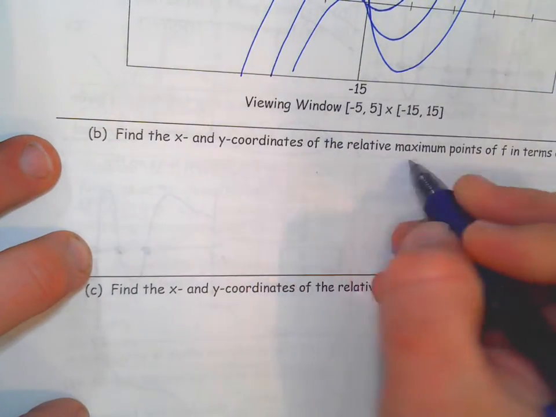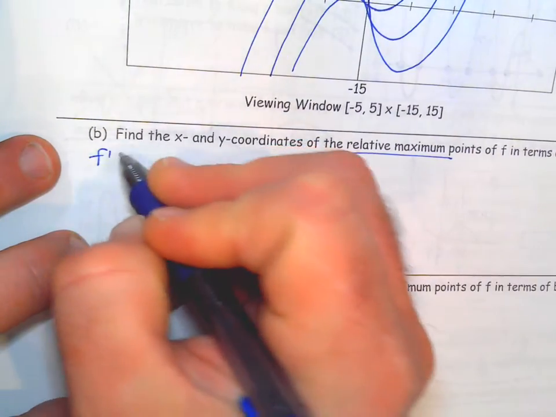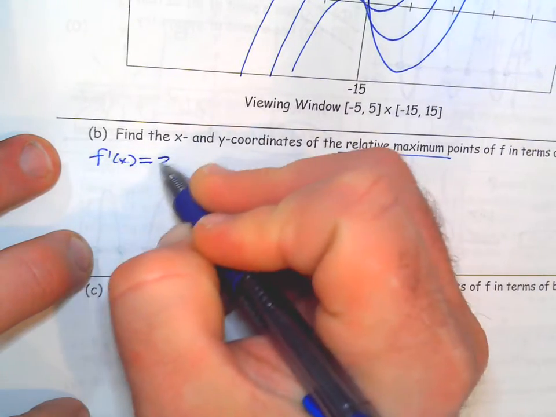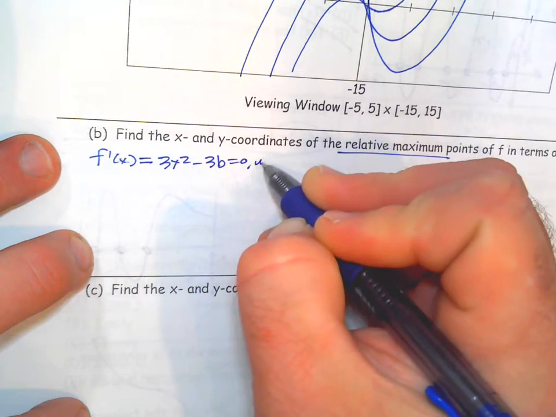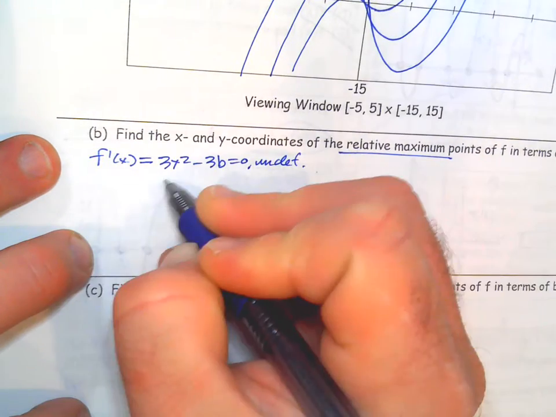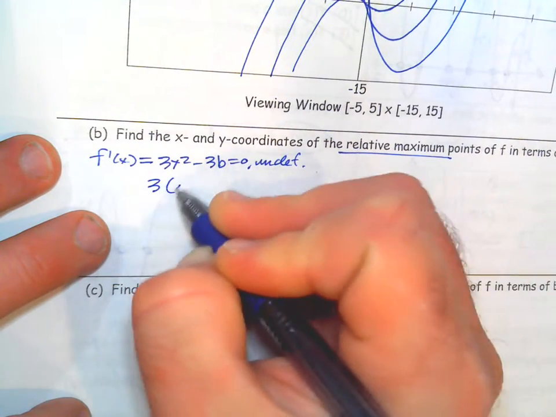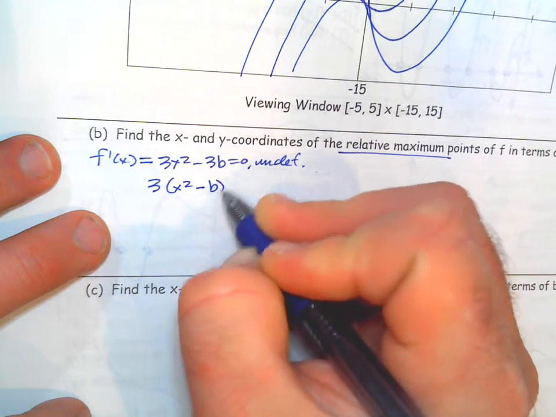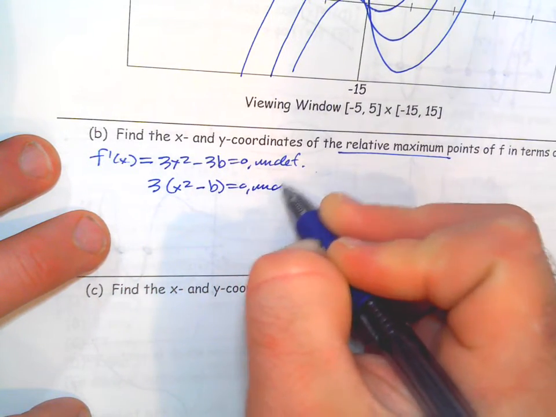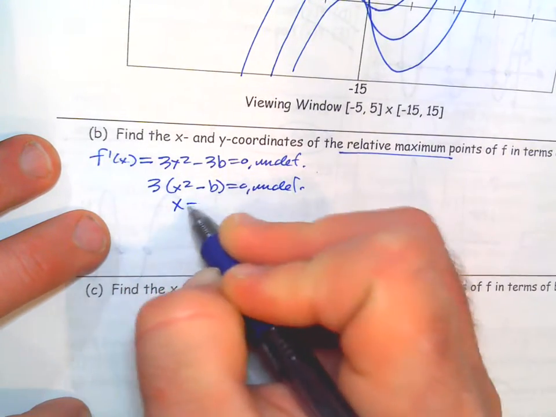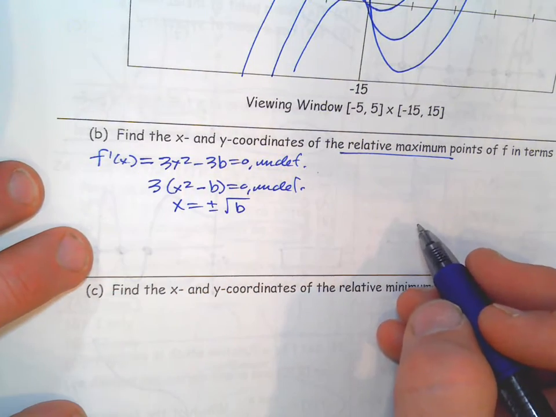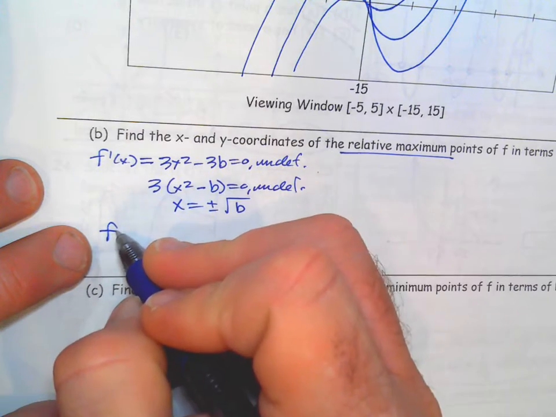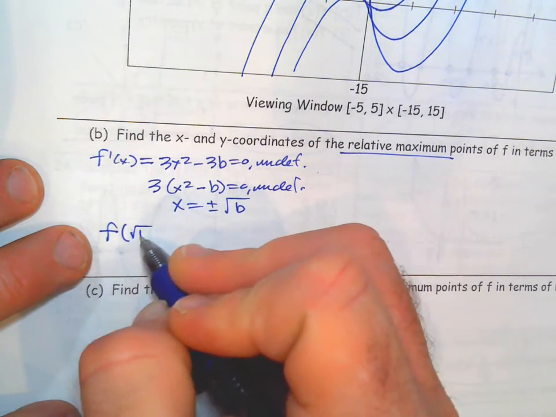So relative maximum. You want to do f prime of x equals 3x squared minus 3b equals 0, or undefined. If you factor that out, x equals plus or minus the square root of b. Those are the x coordinates. For the y coordinates, you plug this back into the original equation.